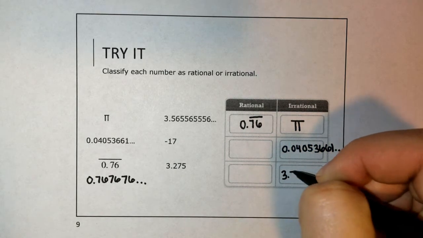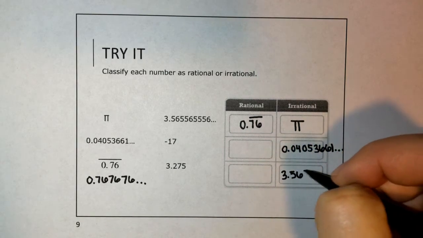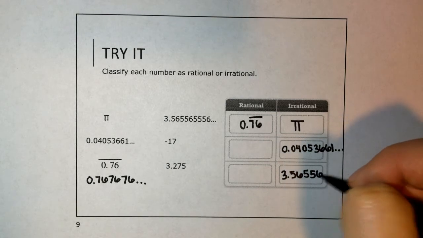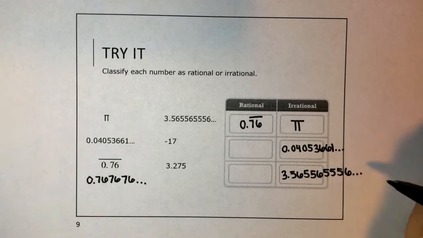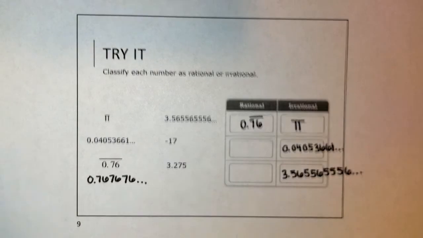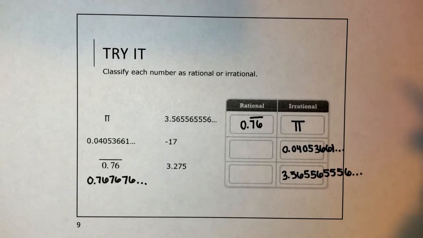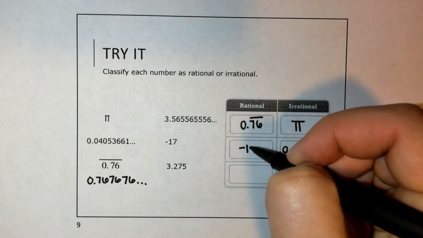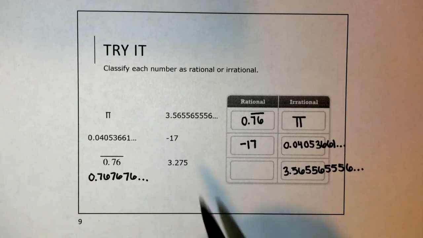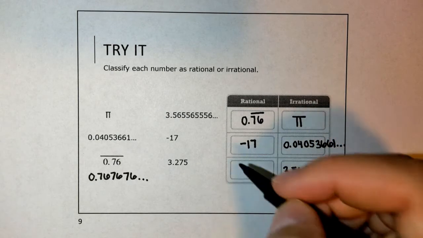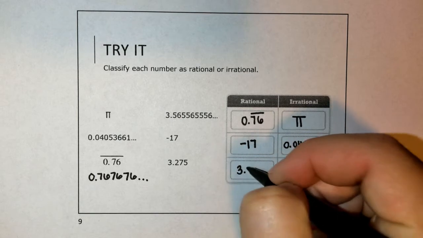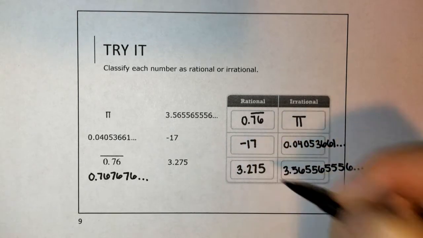So 3.5655655556, and that keeps going. Negative 17, okay, that's an integer, so that is automatically a rational number. And then the last one, 3.275. It is a terminating decimal, therefore it's rational. So 3.275 is rational.